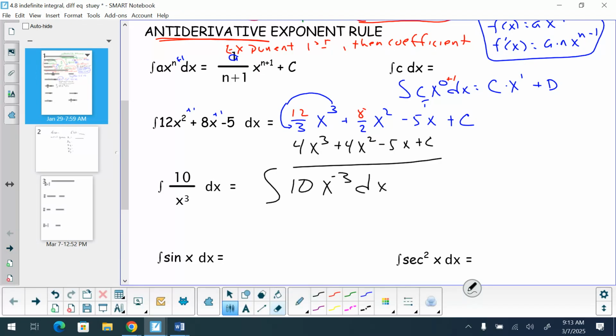So add your 1. Add your 1. Get your new exponent. Divide your coefficient by your new exponent. Slow your brain down. Don't try to do too many things at once here.